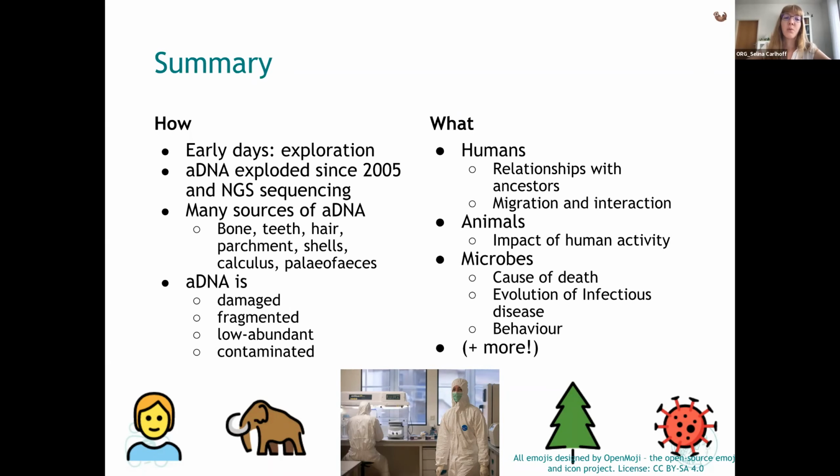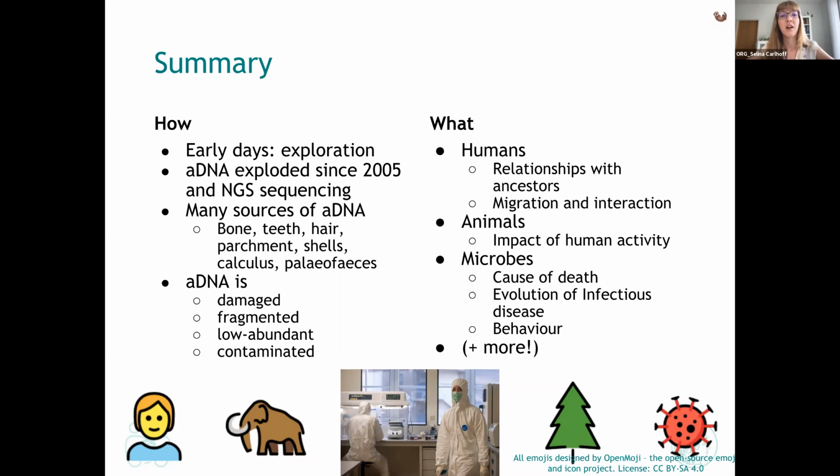And then we went through what makes ancient DNA, and that it's damaged and fragmented and only around in very low abundance. And usually samples are also contaminated. And we also addressed how we try to avoid contamination and increase DNA yield in the lab.